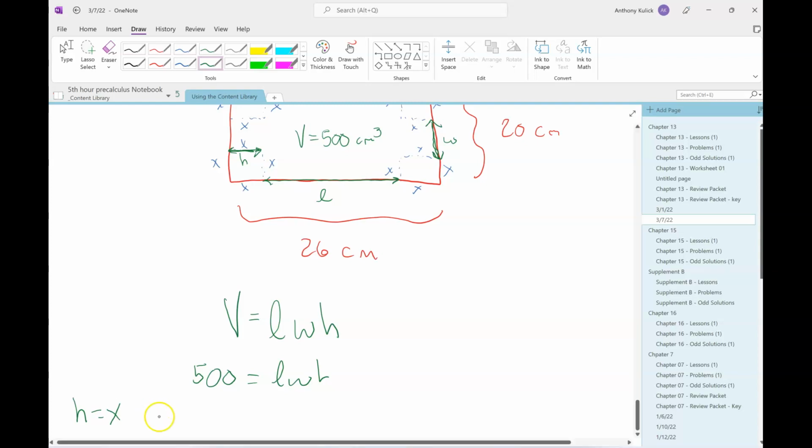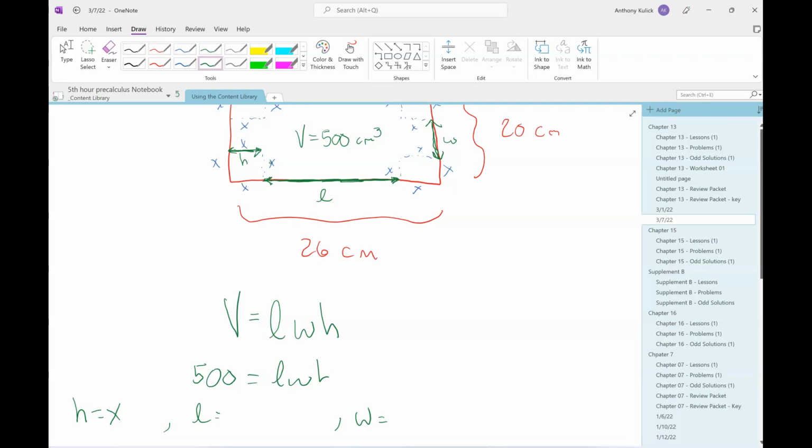What I'm going to want to do then is figure out a way to write L and W in terms of X also. So let's look at L first, I guess, since I wrote that down first. This is the length, this piece right here. How far is that?